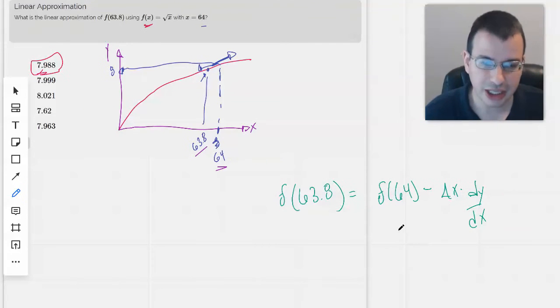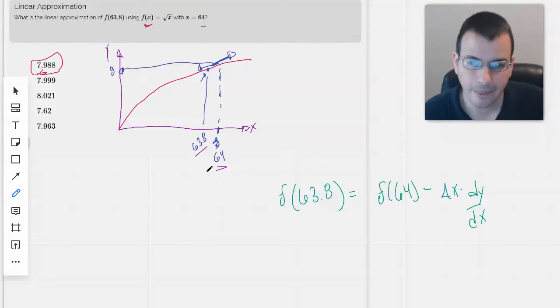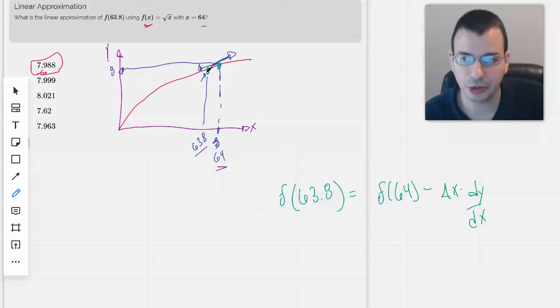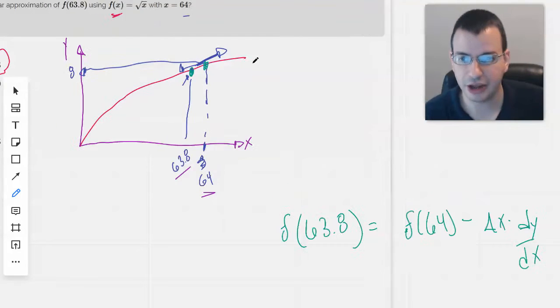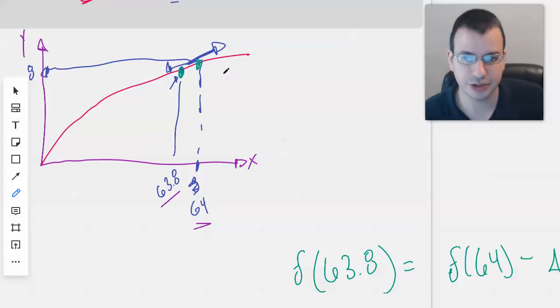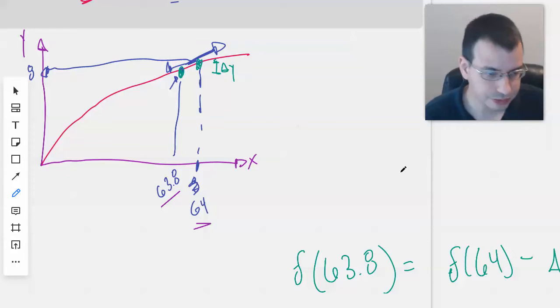We have this point, which is f of 64, and this point, which is the function at 63.8, and we're subtracting off some value of y, a delta y.